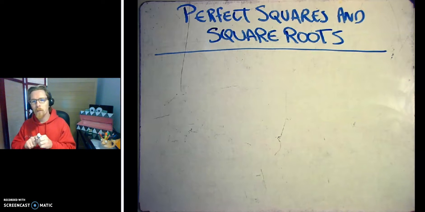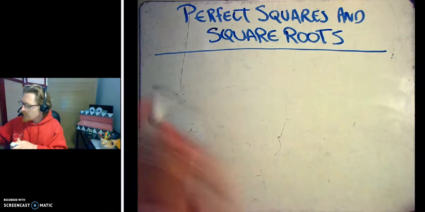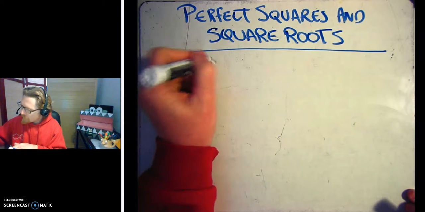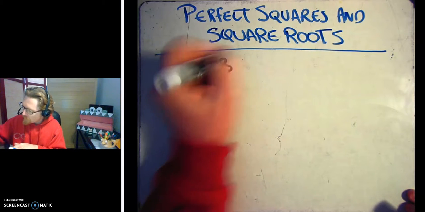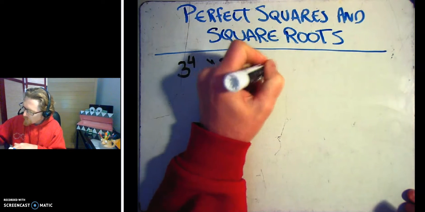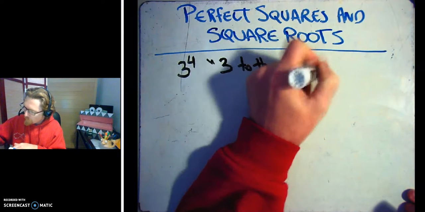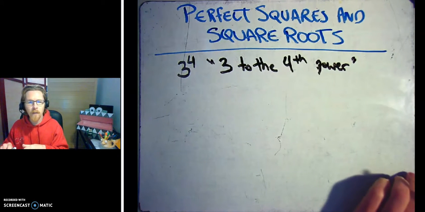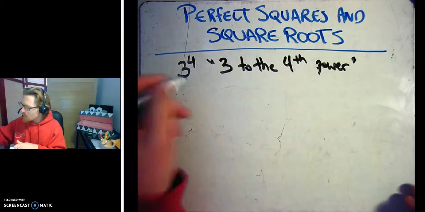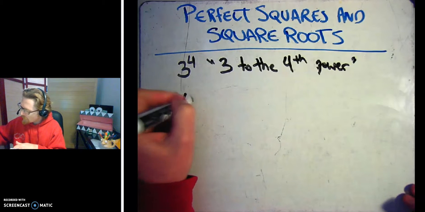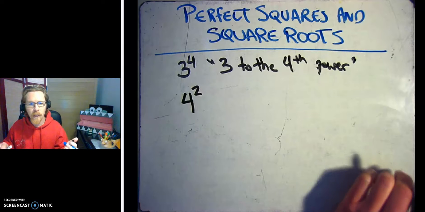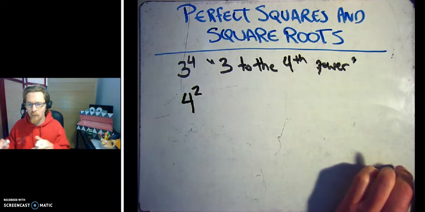I was thinking we've been working with exponents lately, and if I have the number, say 3 to the 4th power, that's literally what we say, 3 to the 4th power. But I noticed that when I talk about a smaller power, like the power of 2, we generally don't say 4 to the 2nd power.